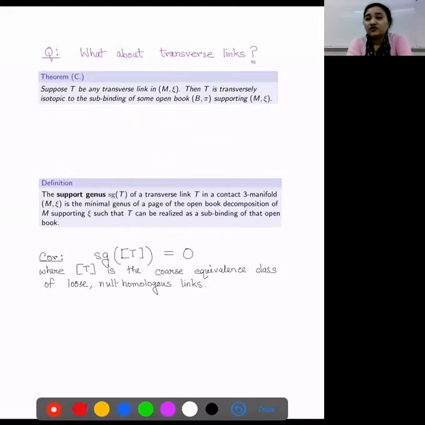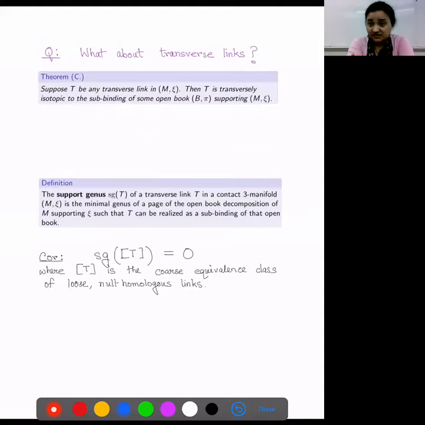Now for transverse links, if we want to define a similar kind of invariant, first we want to associate a transverse link with an open book. For a Legendrian link, it is a well-known fact that we can always put it on a page of an open book. For transverse, we have to work a little bit more.